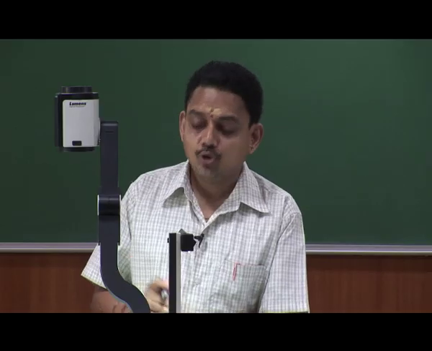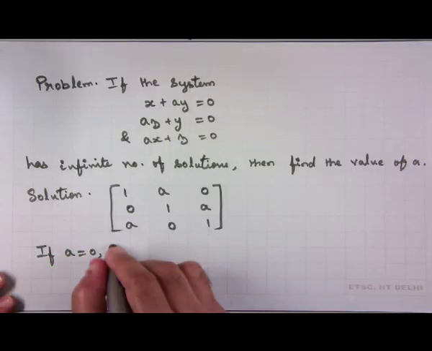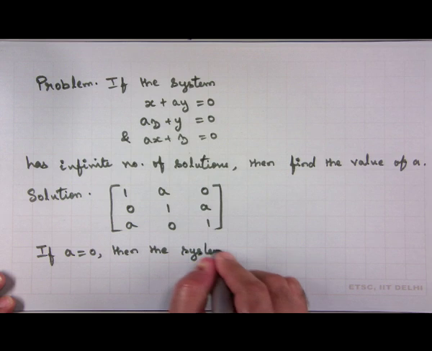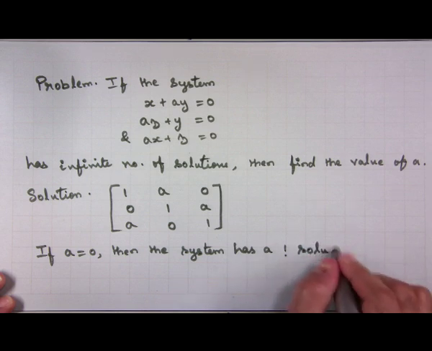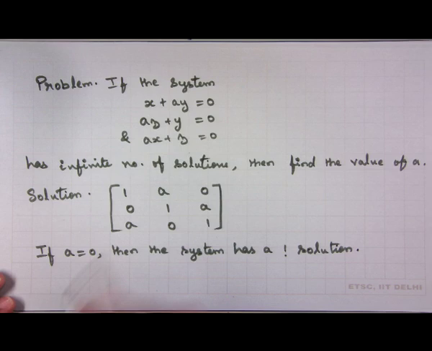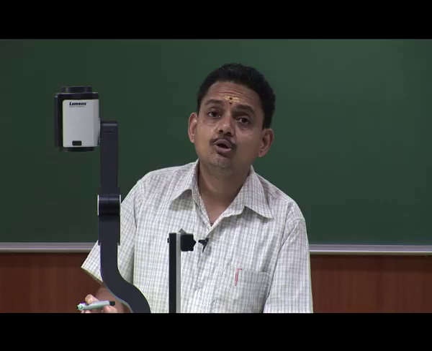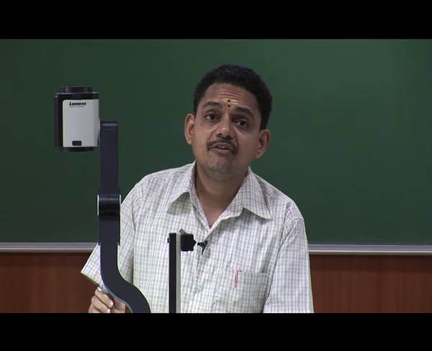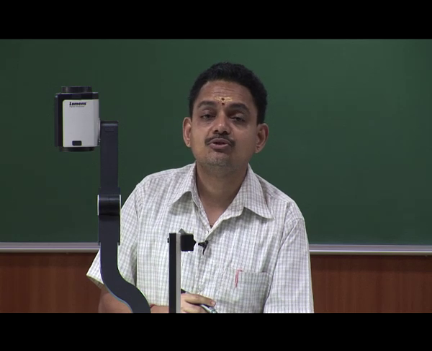Before converting, notice that if a equal to 0, then the system has a unique solution, which is just 0, right, because if a is 0, what you will end up with is just the identity matrix. Therefore, in this case the solution is just 0 0 0, but what we wanted is the value of a for which the system has got infinite number of solutions, and therefore, a equal to 0 is not allowed.